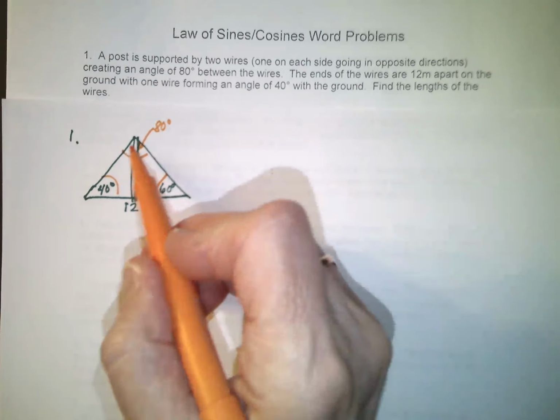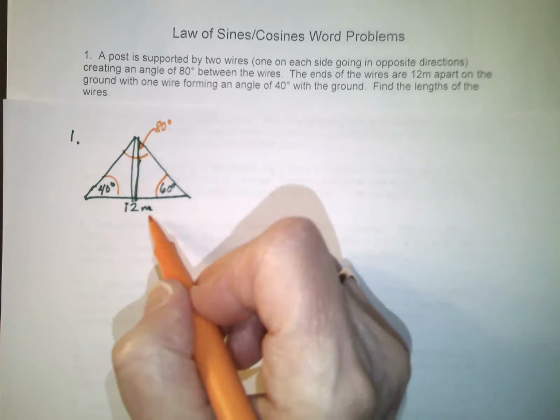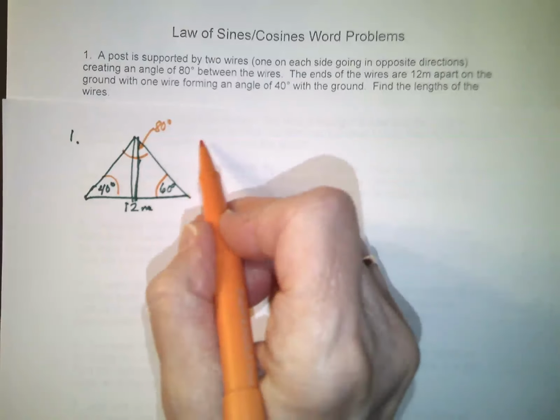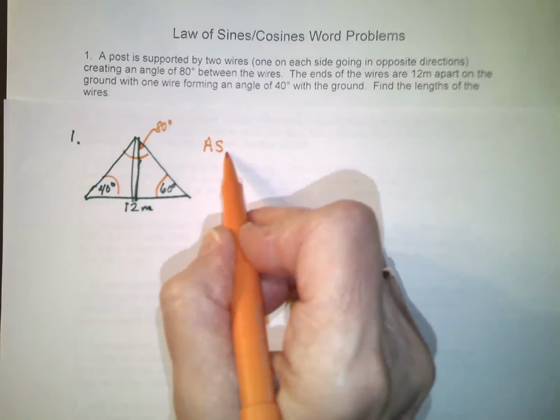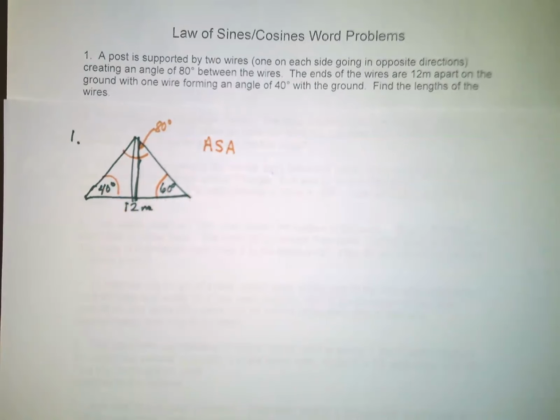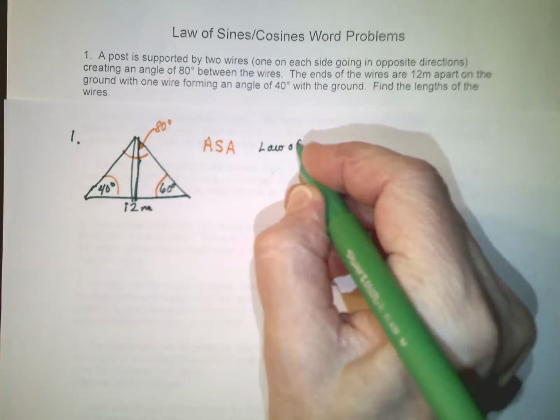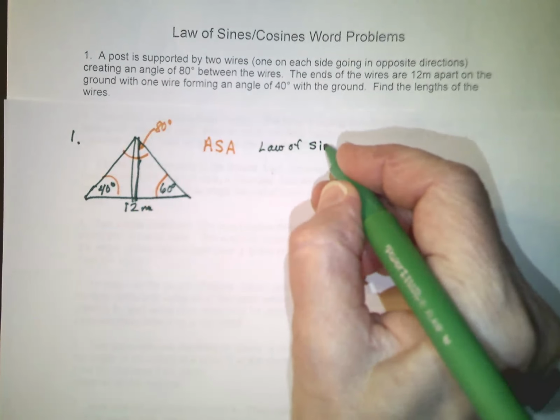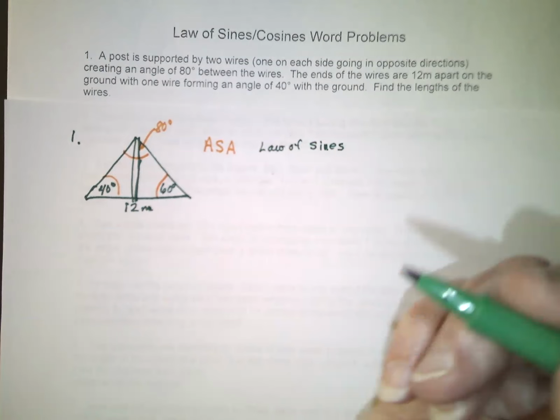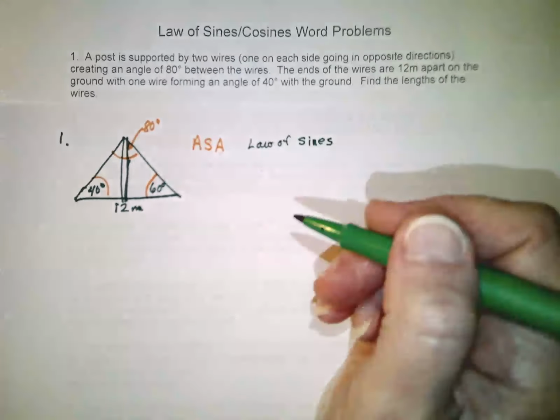So we are given all 3 angles and one of the sides. We could call this angle, side, angle. Angle, side, angle would work. Or angle, angle, side. Either way, this is going to be the law of sines. And they want us to find each of the 2 wires.